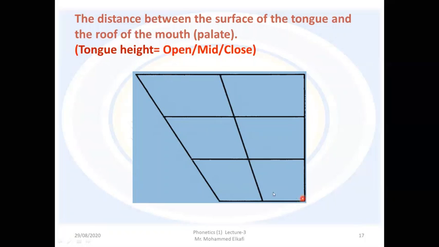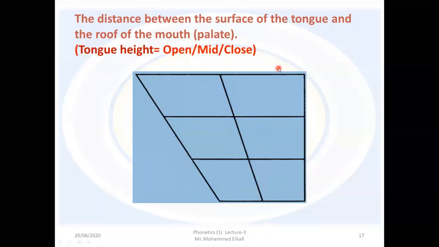Let's say this is the shape of our mouth and this is the roof, or the palate. Here we'll find the tongue. The tongue will move up to touch this area, or to move to this area, so it will narrow the space in order to let the vowel be made.